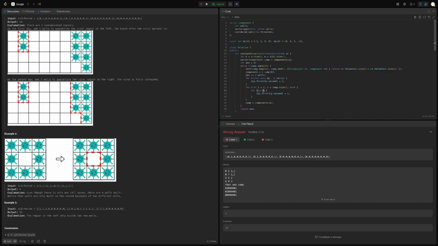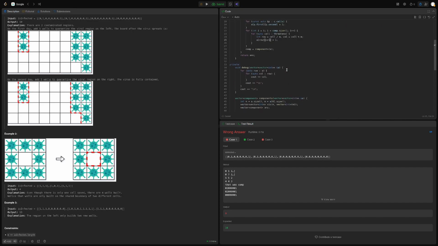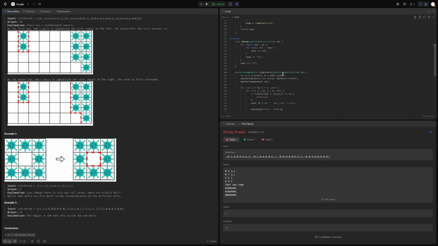for auto cell in threatens, int i is cell divided by number of columns, and j is cell percentage number of columns, and then row call. Great, I mean, okay.